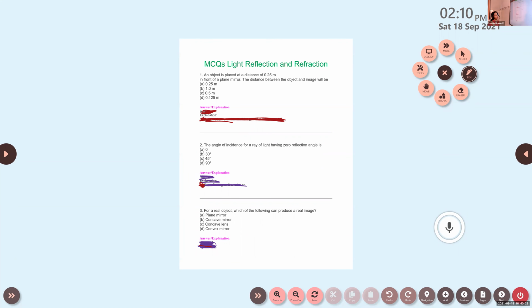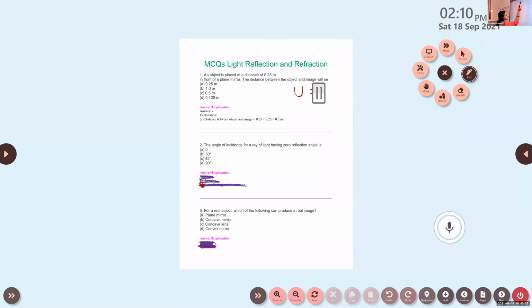So what is the right answer? 0.25 meter, 1 meter, 0.5 meter, 0.125 meter? Actually, the answer is 0.5. Here we are asking the distance between object and image, not the image distance.